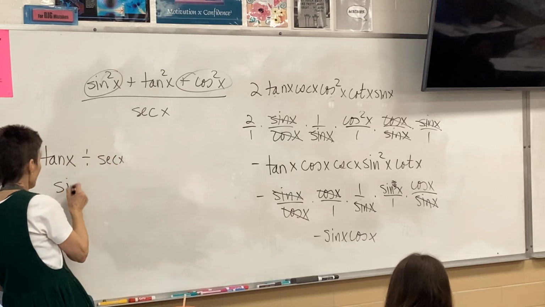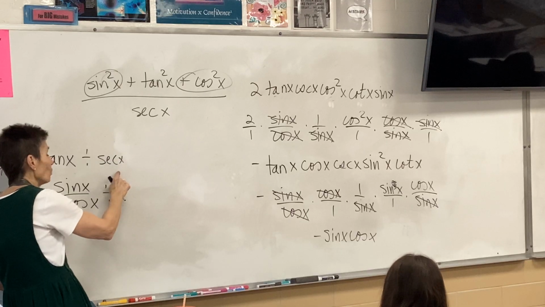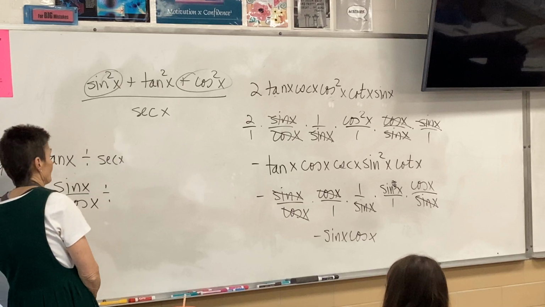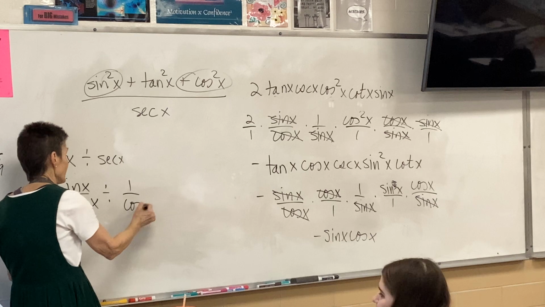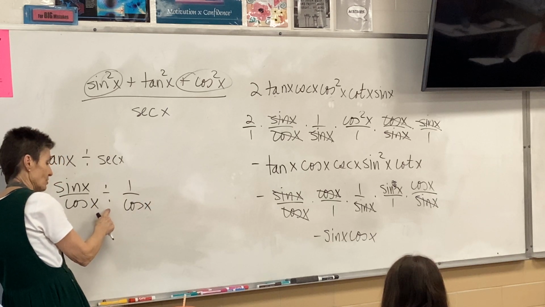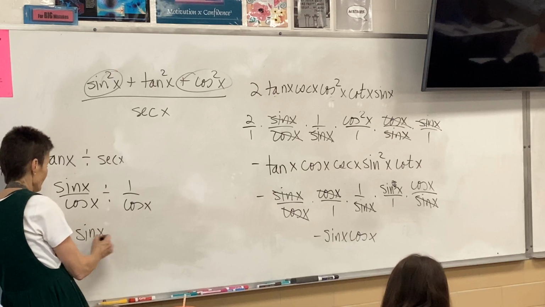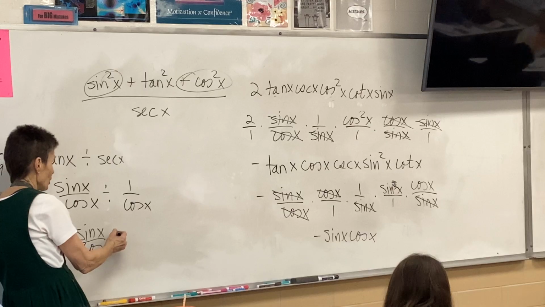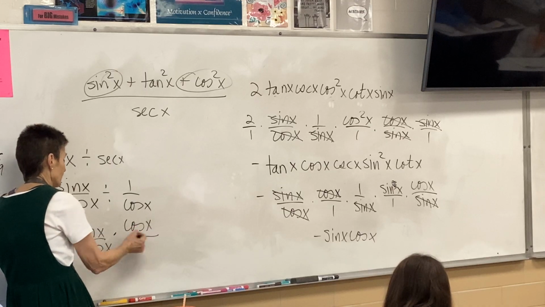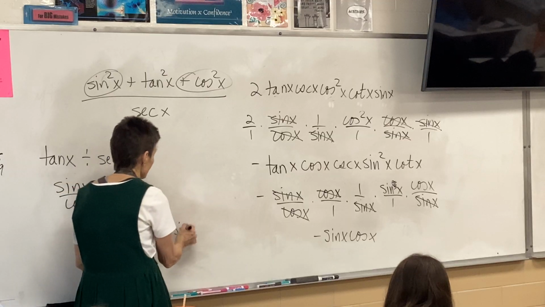Sine over cosine. Divided by what is secant? 1 over cosine. Now this is not a times, this is a divide. So what do I do in a divide problem? Change, flip. And what happens? The answer is just sine.